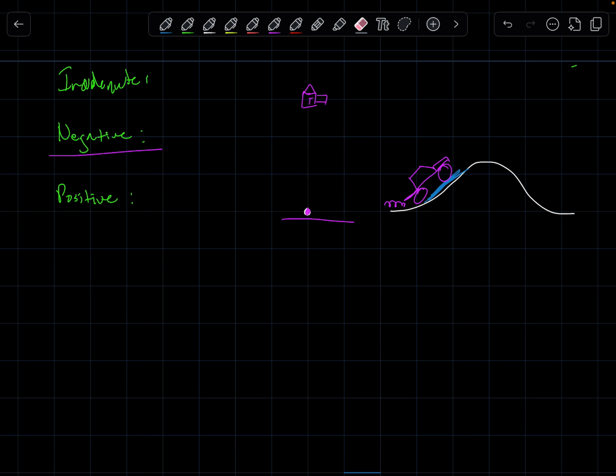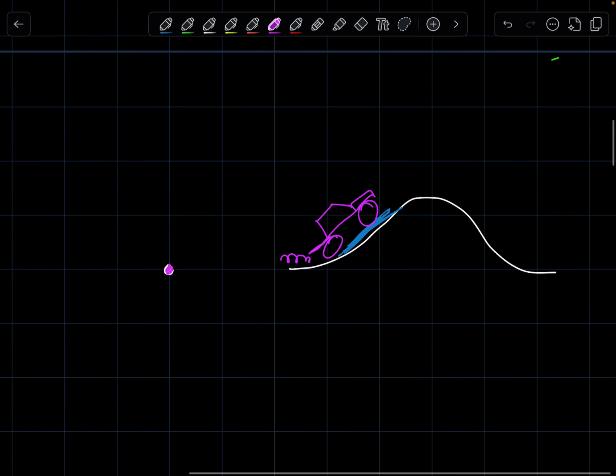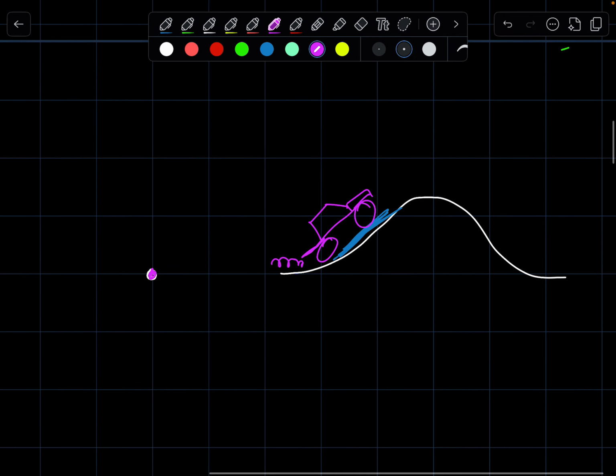Now, inadequate and positive feedback loops are a little more tricky, so I'm going to use this car example. So this is actually a negative, inadequate feedback loop. We have a hill. We still have our grocery store. Oh my goodness, that's a horrible drawing.